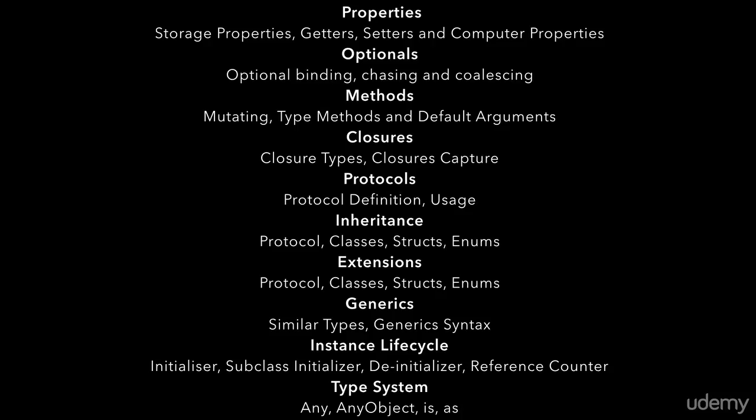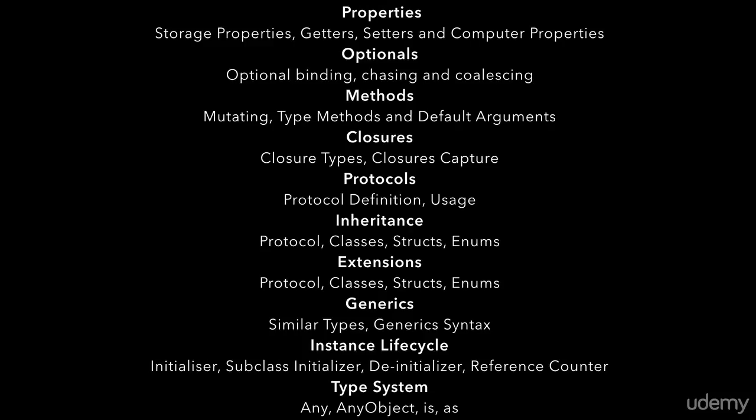Each one of these is a chapter: properties, optionals, methods, closures, protocols, inheritance, extensions, generics, instance life cycles, and type systems. I'm going to be doing one course for each, and the reason behind it is that not all students have problems in all of the subjects.